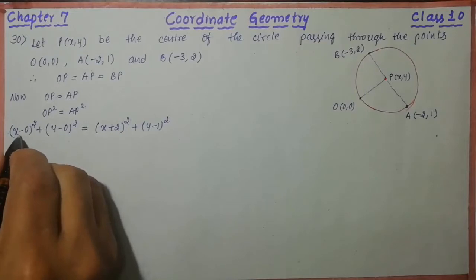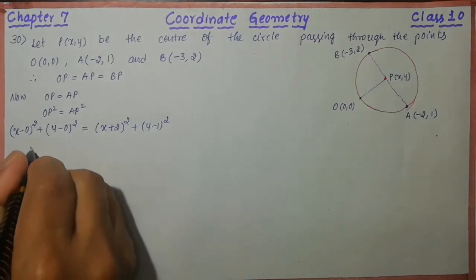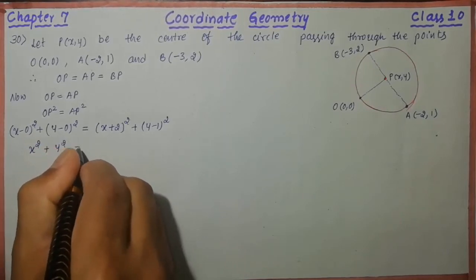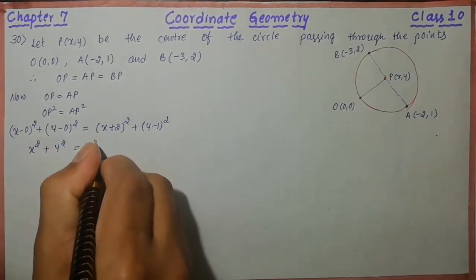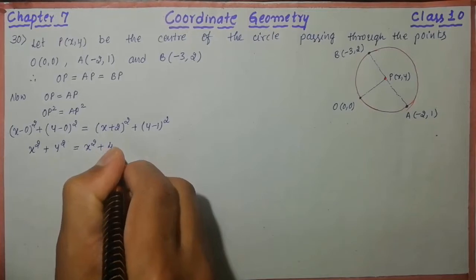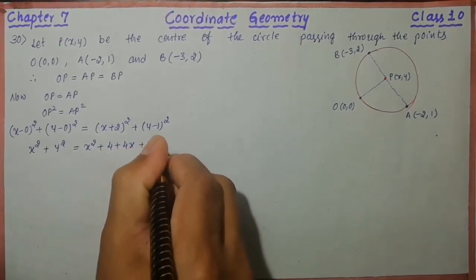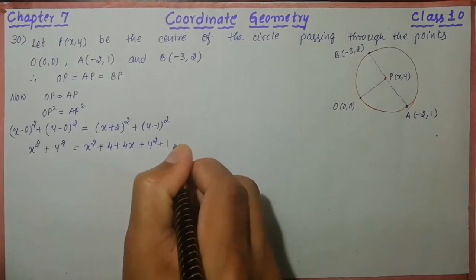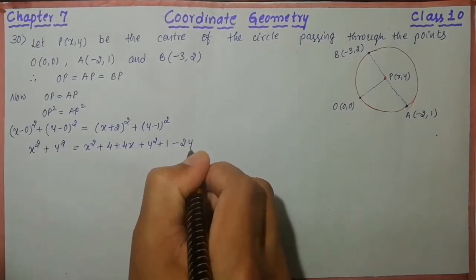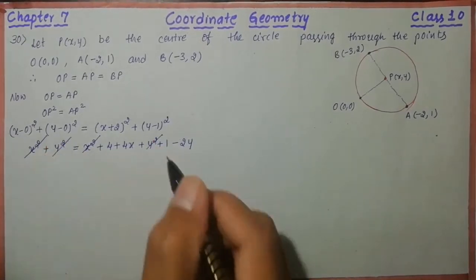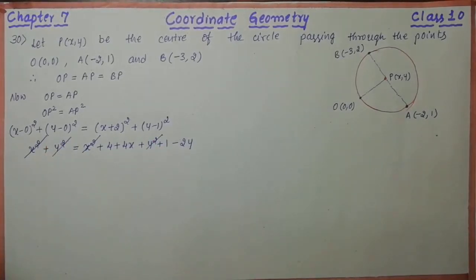Now on the left hand side, x minus 0 whole square is just x square, and y minus 0 whole square is just y square, which is equal to, using the (a plus b) whole square formula, x square plus 4 plus 4x, and using the (a minus b) whole square formula, y square plus 1 minus 2y. You can cancel x square and y square. The remaining thing you have to simplify.